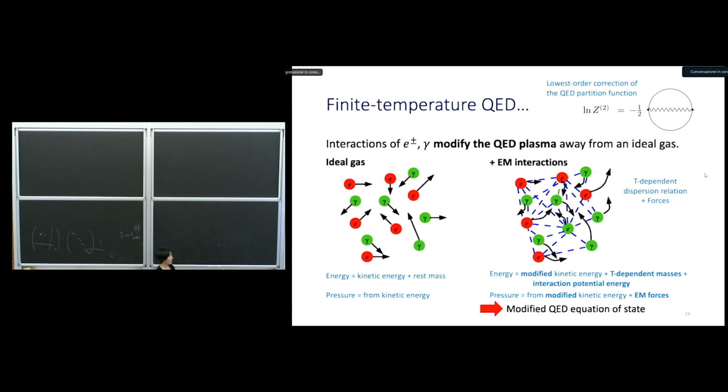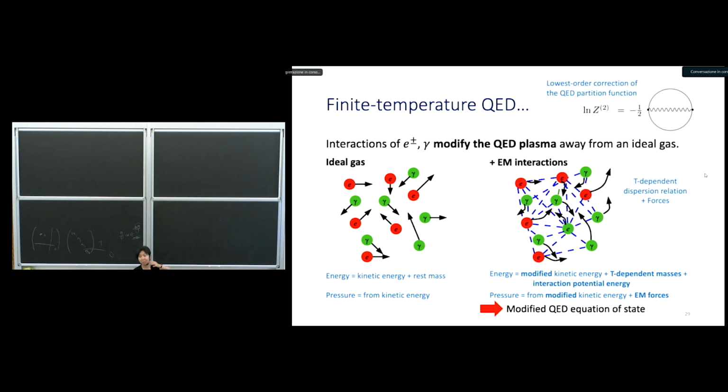But as said in the previous slide, there are these electromagnetic interactions between the electrons and the photons. So what this means immediately is that, think about an electron. It's moving in this photon bath, and this photon bath actually presents a kind of resistance to the electrons. So it's kind of like a mass. You have to move through it, it's scattering.